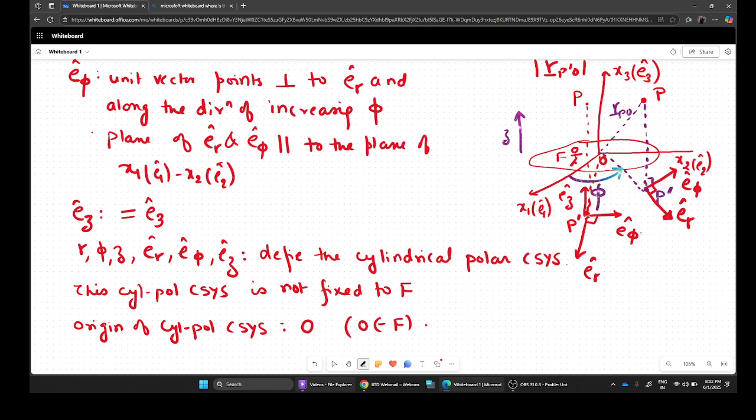So it means that with time, as P moves with respect to F, e_R and e_phi unit vectors will change.